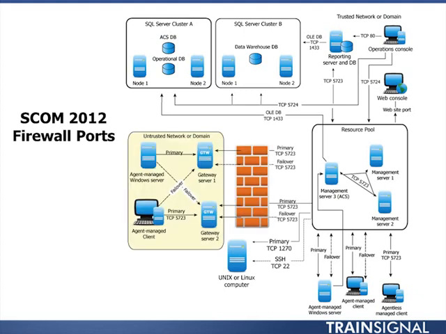And then as we go outside through the firewall to the untrusted network, we're adding yet more firewall ports that need to be considered. So consider this as a baseline configuration for an Operations Manager firewall diagram, but also make sure to refer to Microsoft's more complete documentation on the subject as you move forward with your Operations Manager deployments.